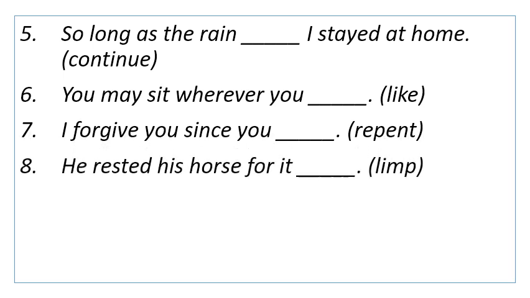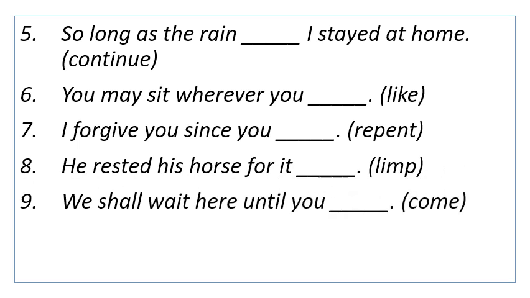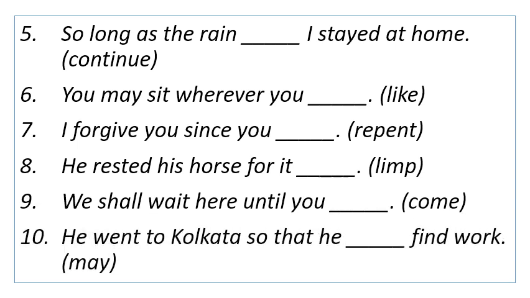He rested his horse for it limped. Clue is limp. Number 9. We shall wait here until you come. Clue is come. Number 10. He went to Kolkata so that he might find work.